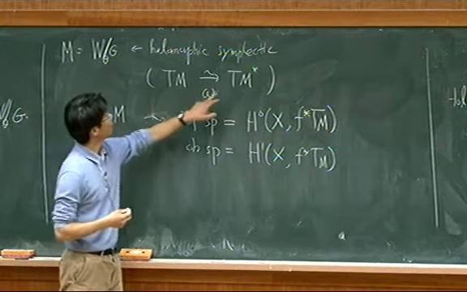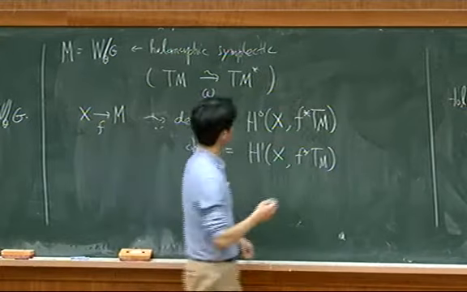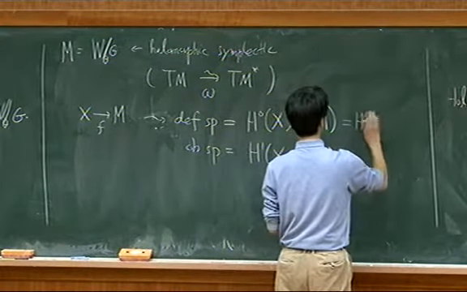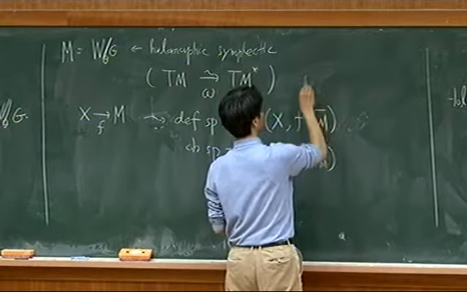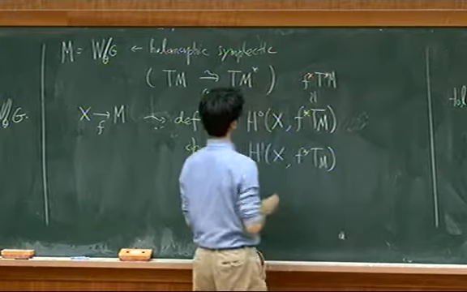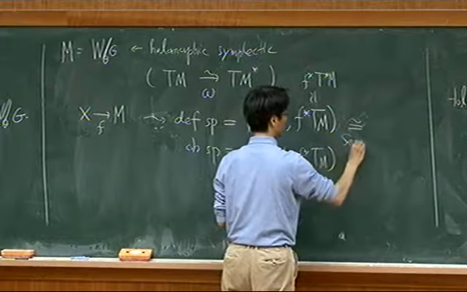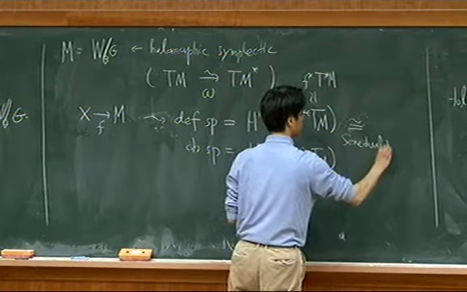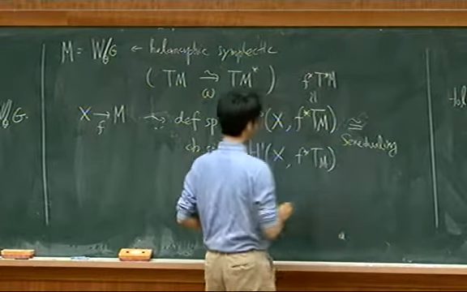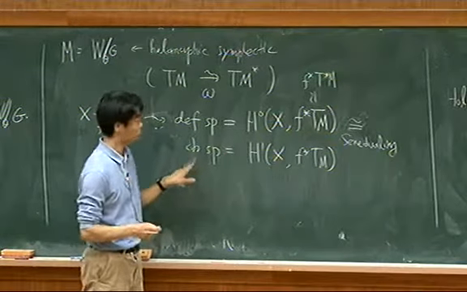But using this identity, we can write this one as H0 over X of F star TM, and now using Serre duality, that's isomorphic to the dual of the obstruction space.